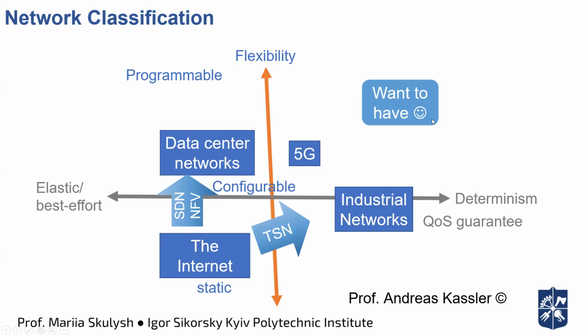So we have such a picture. 5G is closer to what we want to have. It is quite flexible, with quite good QoS guarantee, and SDN can also help move the internet to 5G. For such quality points, we have to use a software-defined network to make the network more flexible and with more QoS guarantee.